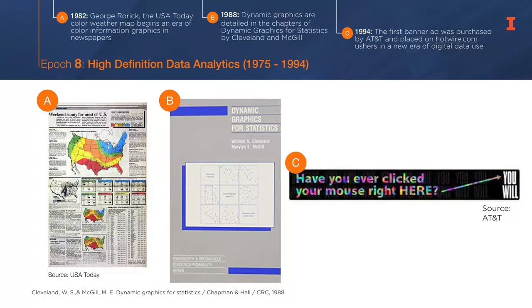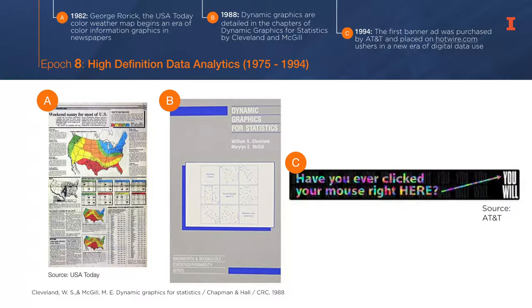The final epoch is something that we call the high definition data analytics period. A number of things came out of this period that really would advance the science very, very much and have new visuals created powerfully and democratize data like never before.